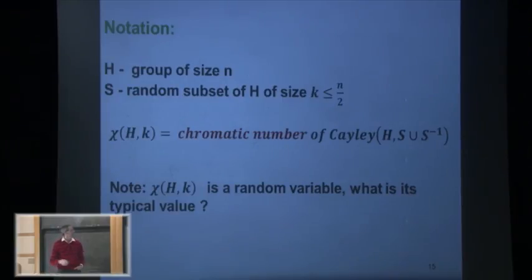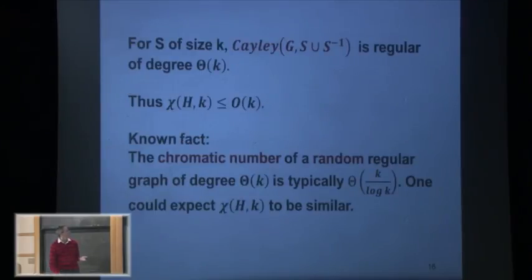H will be a finite group of size n, and S will be a random subset of H of size k, at most n over 2, and I denote by chi(H, k) the chromatic number of this random Cayley graph. So we said this is a random variable. We want to understand its typical value, and one thing that we could think of is to compare it.